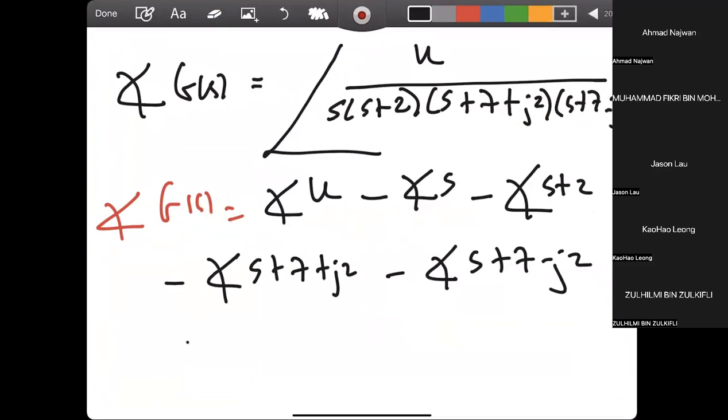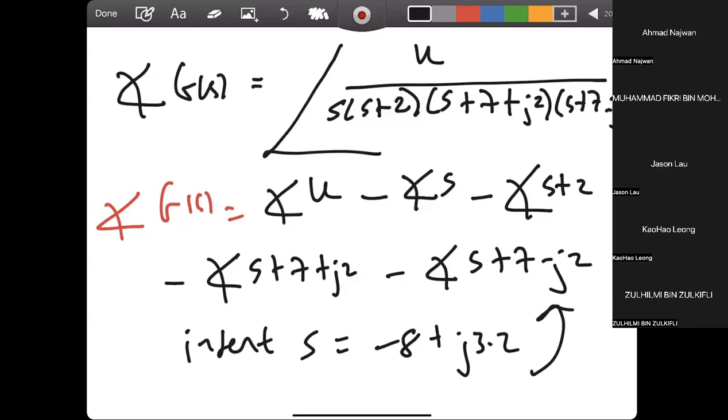So we insert s equal to minus 8 plus j3.2 inside here. Okay.